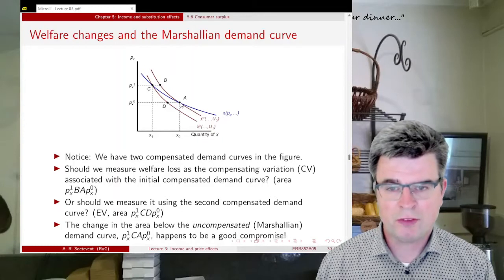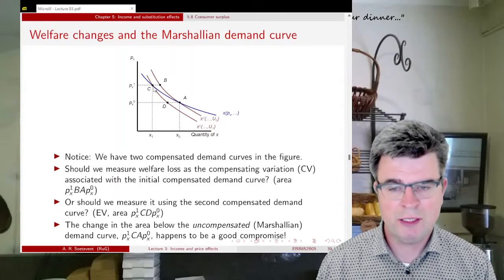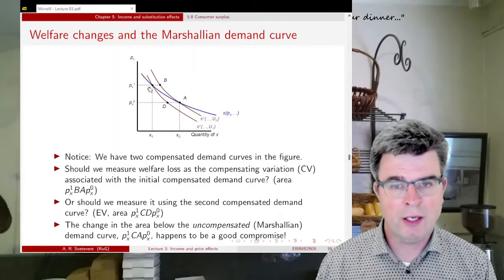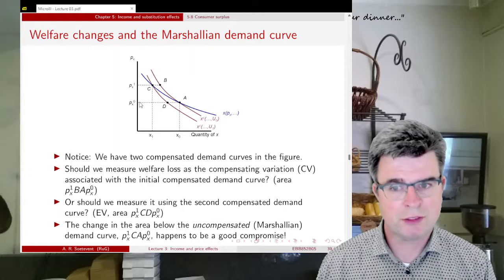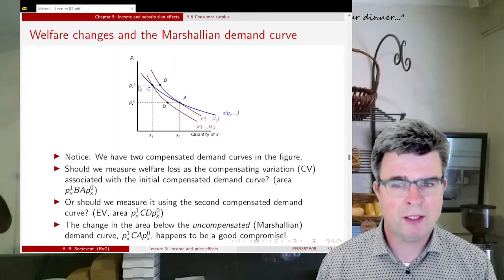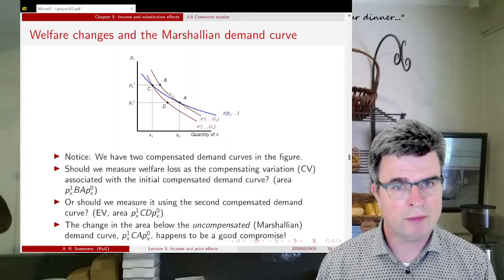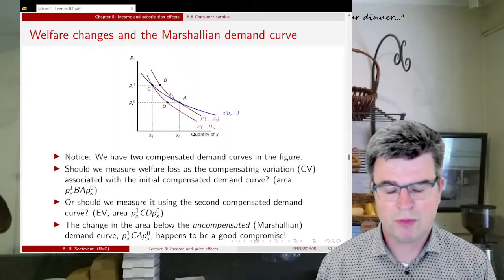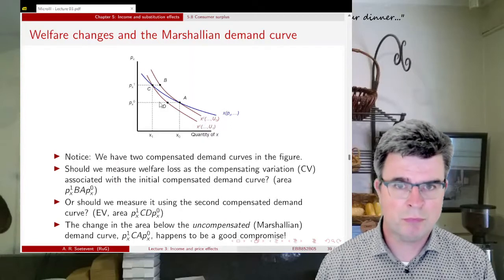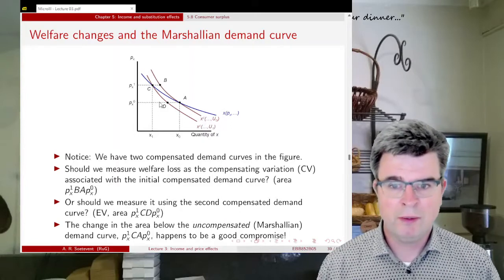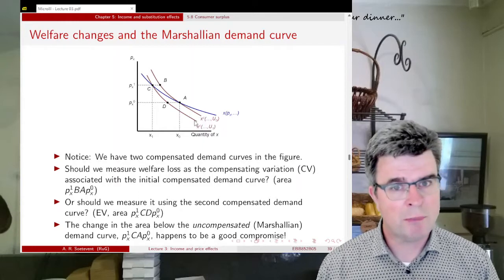So it intersects at point A and point C. And if we take the integral of the uncompensated demand curve over the same price interval P0, P1, we get the area that runs from A, P0, P1 to C. And that area is just in between the earlier areas that we would get if we would use the compensated demand curves. So the Marshallian demand function serves as a good compromise between the two compensated demand curves.